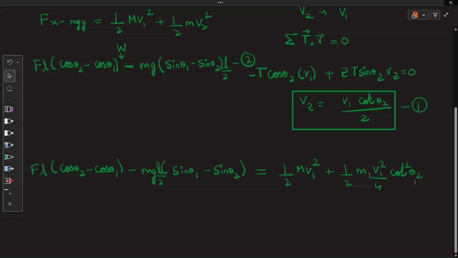From this equation, you can find V1 because all the remaining values are given.